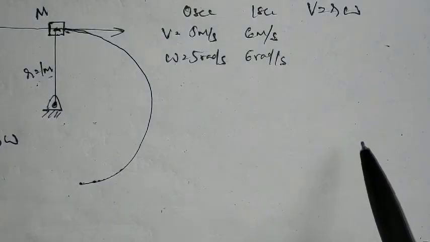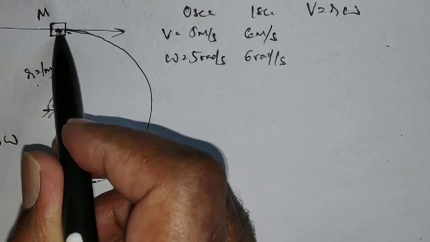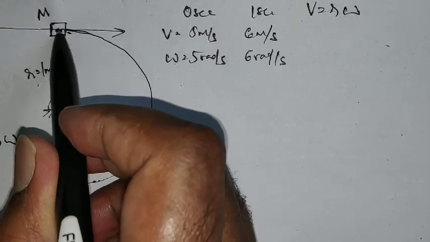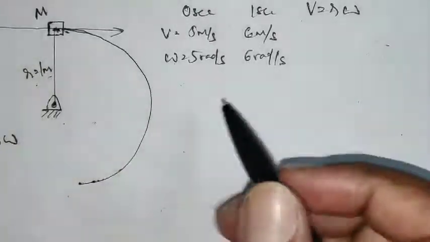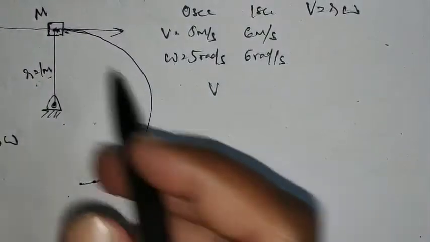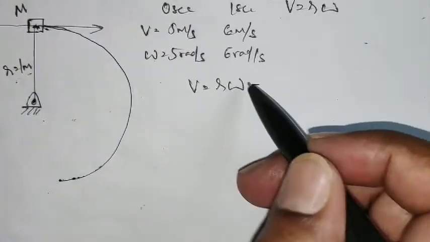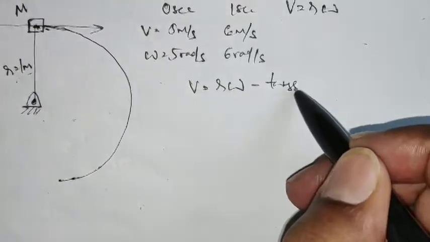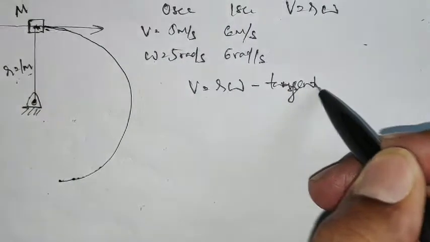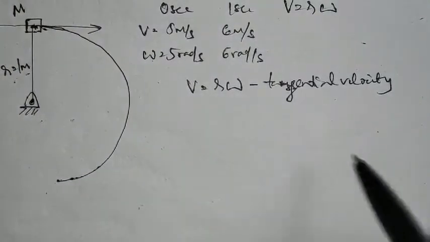So if you want to draw a vector, the velocity at this instant is v. You can call this the velocity which is r omega, which we call the tangential velocity. Until now we were simply calling it velocity.